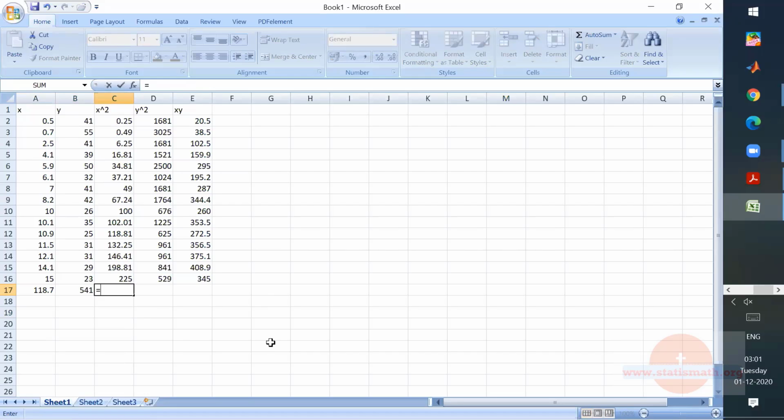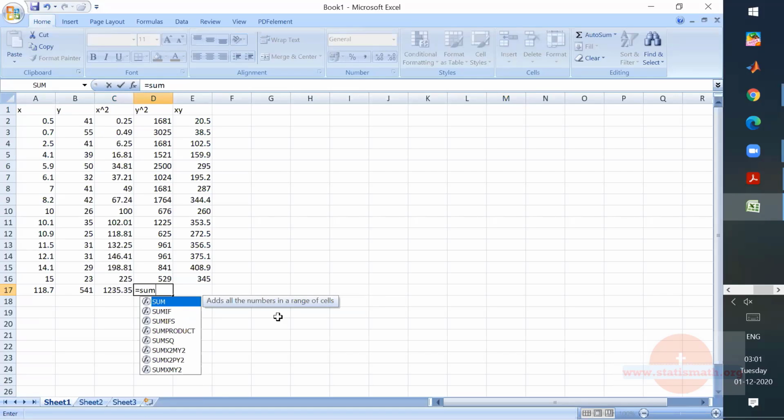Similarly here, SUM, open the brackets, select all the cells, and then close the brackets. So this is equals to sum.